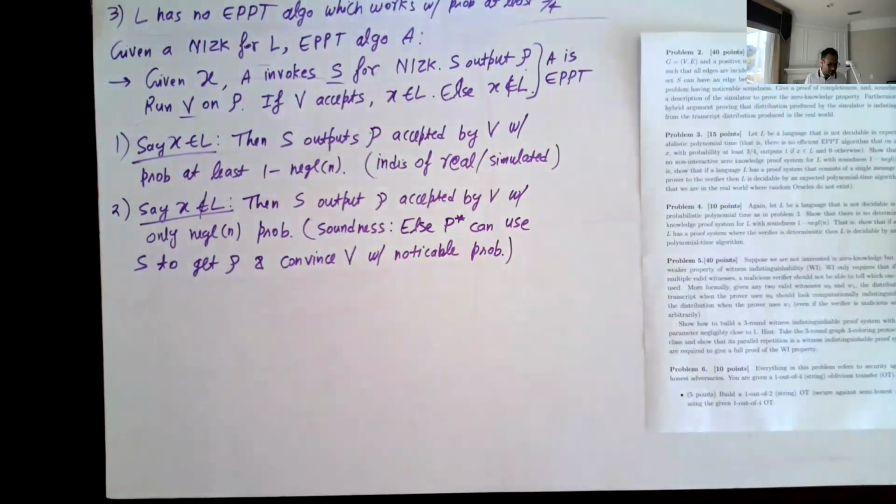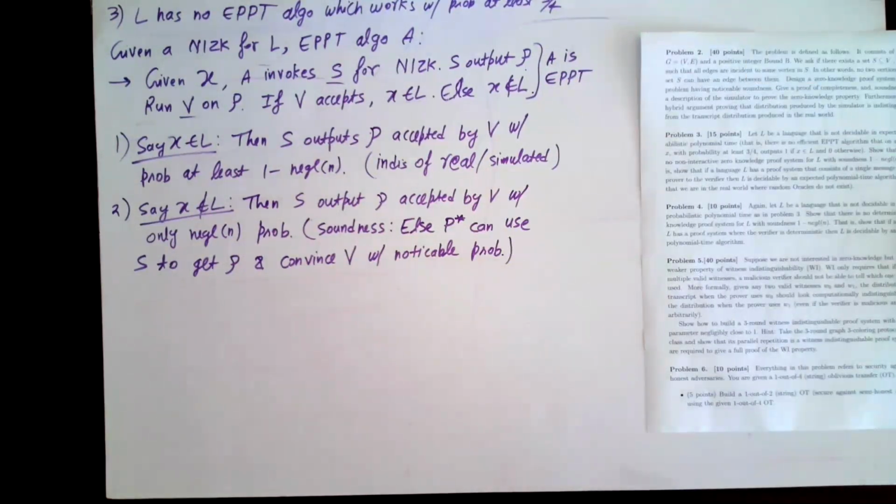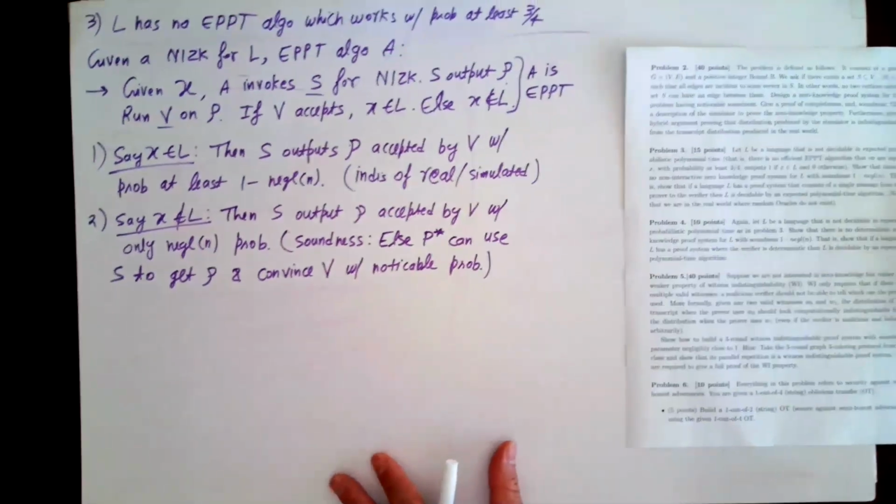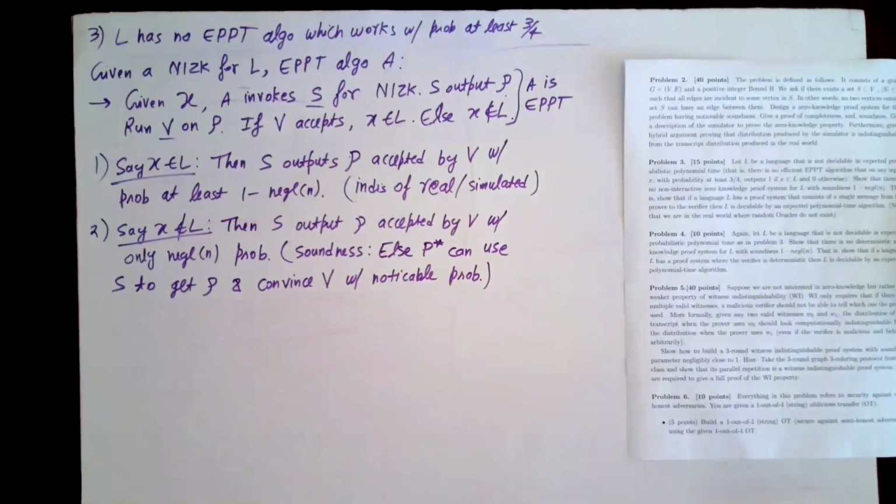Okay, good. So this essentially proves that our algorithm A is giving you the correct answer except with negligible probability. In fact, much better than the 3/4 probability which the question is asking you to do. I have two questions here. Firstly, why does the soundness argument not work if it's an interactive proof?